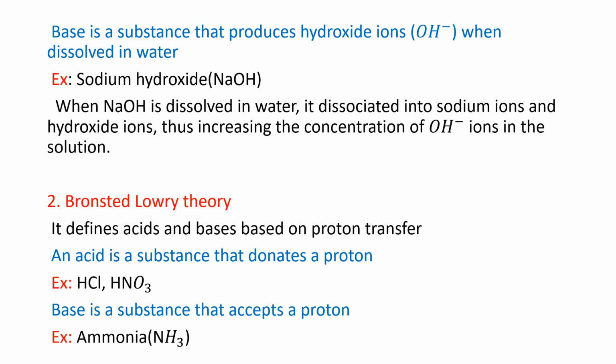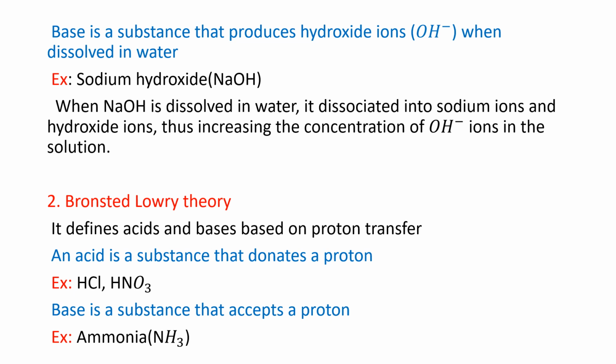Now let's switch to the next theory, the Bronsted-Lowry theory. This theory explains the acidic and basic nature based on proton transfer. Proton means H+ ions, correct? Now let's see what is acid and what is base according to this theory.